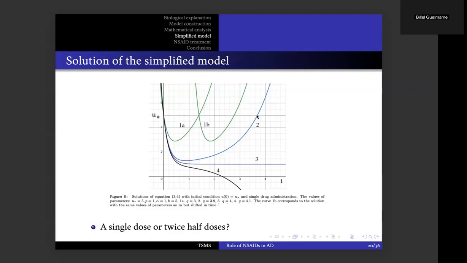For example, if you take the blue one, it needs 3.5 days to go back to zero. But after 2 days, it's near to the purple curve, and you take another, smaller one maybe, before arriving at level 5. Yeah, I understood the question.